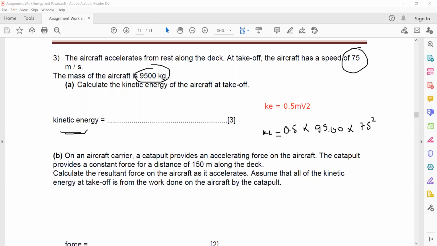In terms of exponent, it is 26 exponent 6, I can say, joules. That's the kinetic energy of the aircraft.